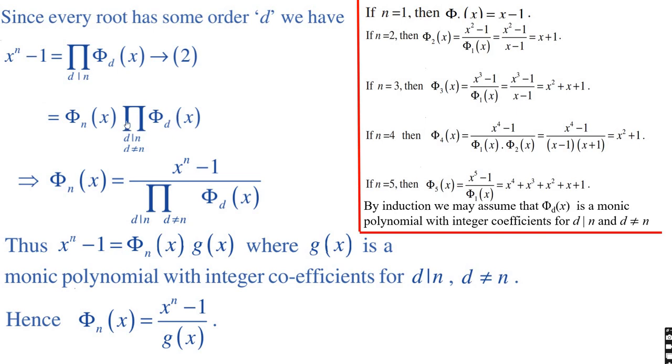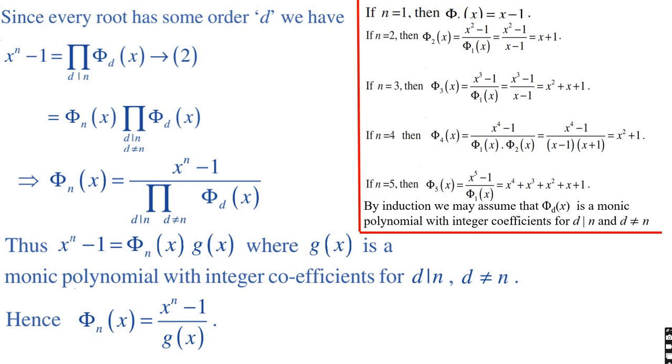So the rest will be the product in which d divides n, but d is not equal to n. So this is taken out and the rest are written. So from here what we conclude is phi n of x is x power n minus 1, taking this to the other side, divided by the product over d dividing n, d not equal to n. So thus x power n minus 1 you have.